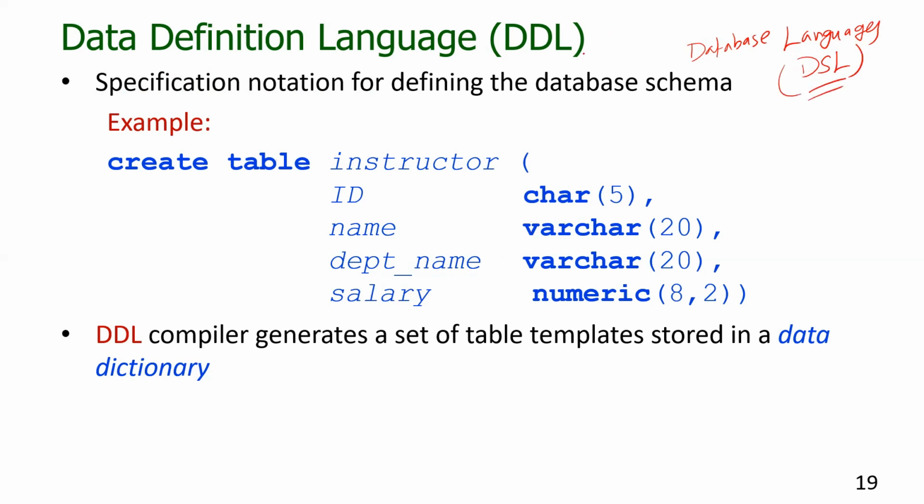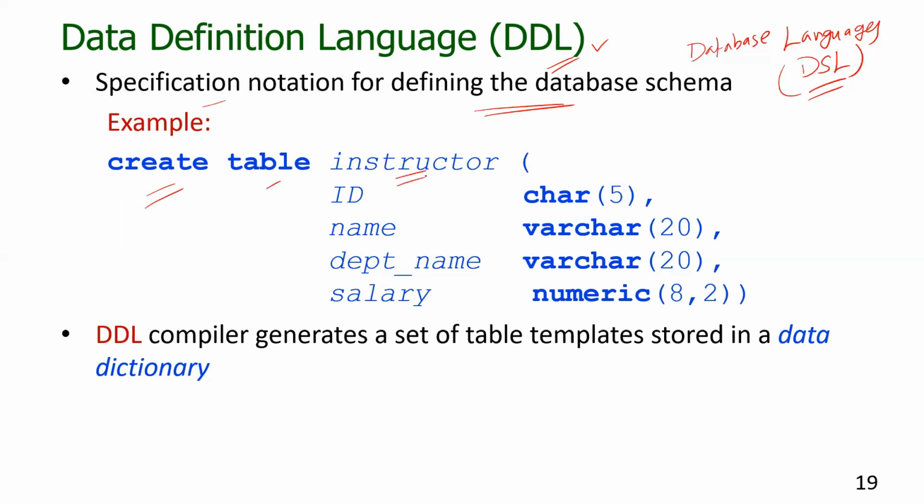Majorly we have the data definition language, denoted by DDL. The data definition language is a specification notation for defining the database schema. For example, create table is an example of data definition language. If you want to create a table, a relation, the create command is part of the data definition language.